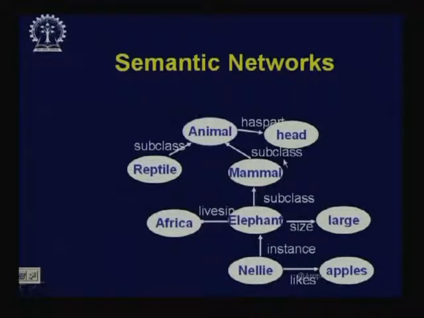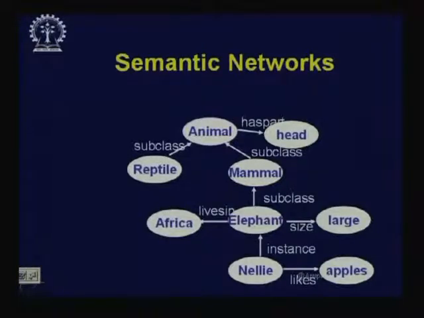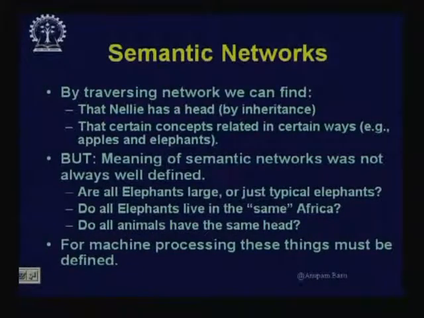Now, those of you who are interested, I would rather suggest that you also try this example out, just translate this example into logic and see how the inference proceeds in that case. Now, let us summarize what we have described. How did we infer?